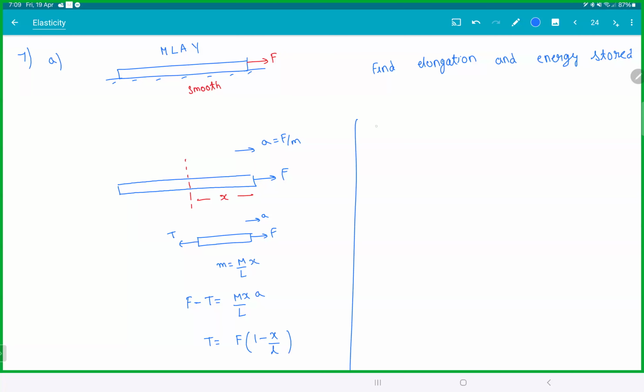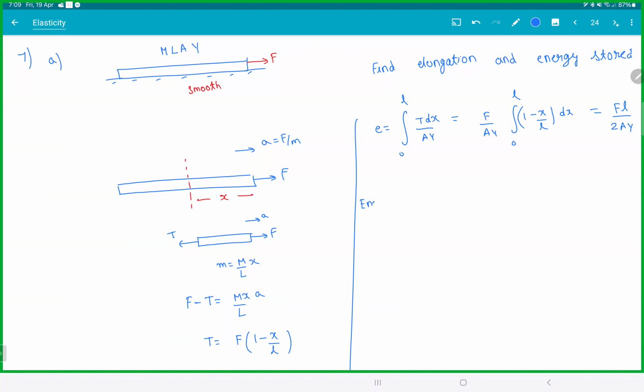Once you got that, what is elongation? Integral of tension T dx by AY from 0 to L. Substitute that. That would be F by AY integral of 1 minus x by L into dx from 0 to L. You end up with FL by 2AY.